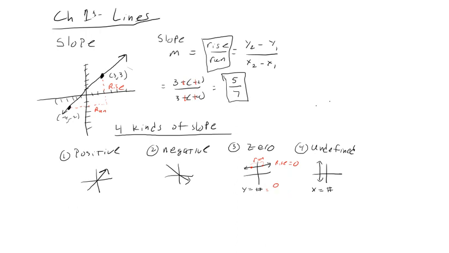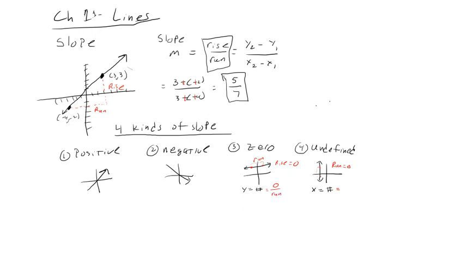This is always going to be 0 over something, right? Your rise of a 0 slope is 0. You're not going up and down at all. Rise is 0. Here, your rise is some number, but your run is 0. You don't go side to side. So this is going to be some number of rise over run.